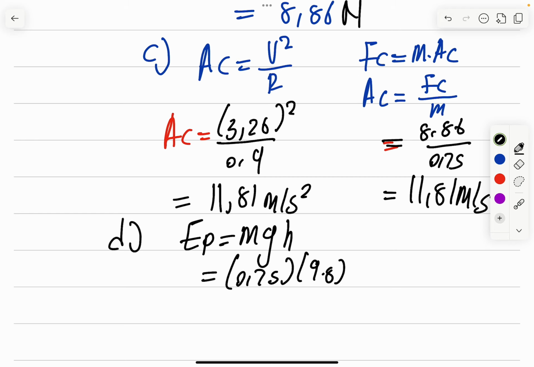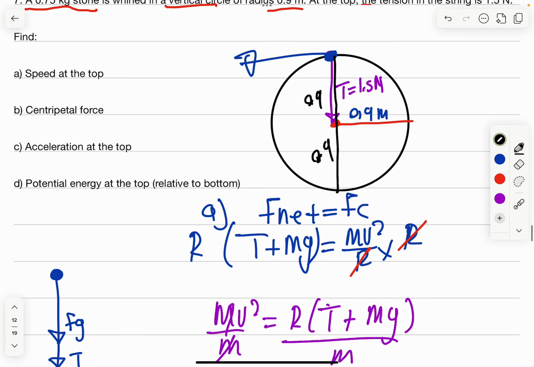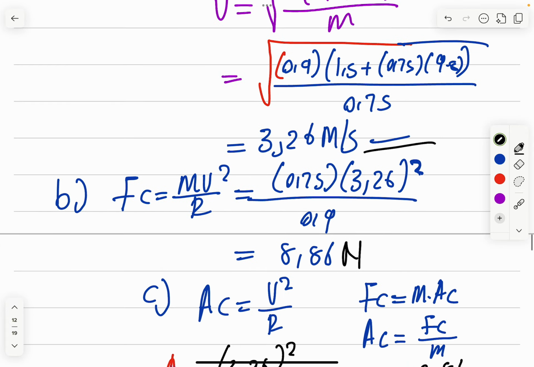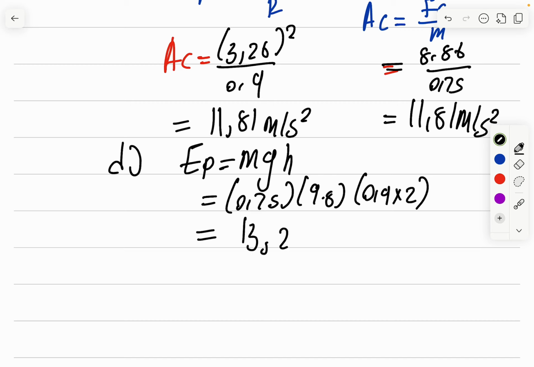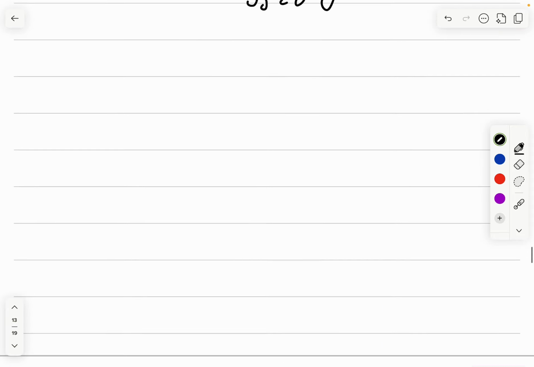Gravity is 9.8. Height relative to the bottom, from here to here. Understand? So I'm going to have 0.9 multiplied by 2. My answer is going to be 0.75, 9.8, 0.9 multiplied by 2. The answer is going to be 13.23 joules.